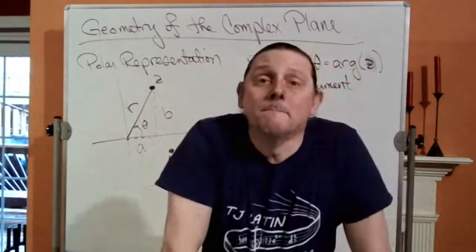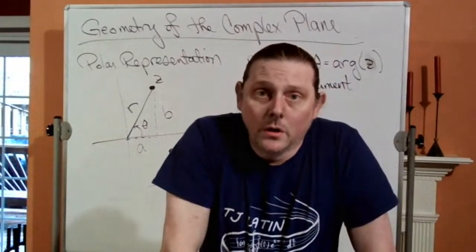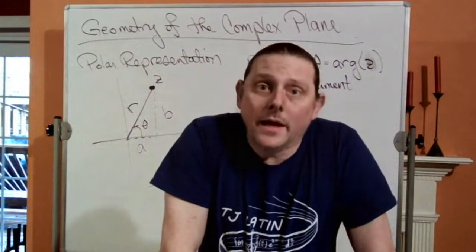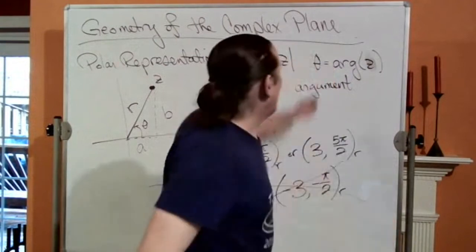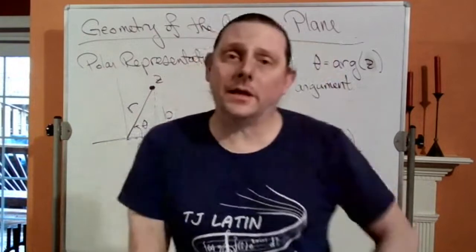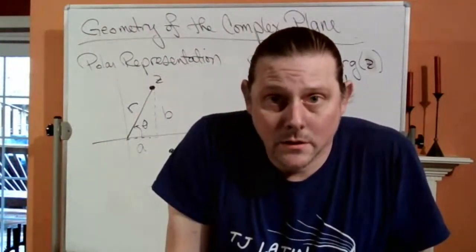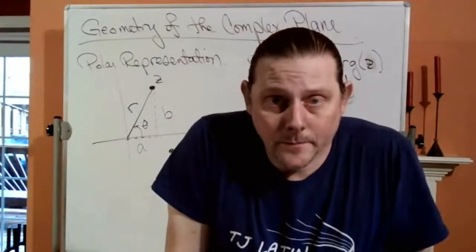That's going to have tremendous implications down the road, so it's something we should keep in mind. The argument is not unique. There are an infinite number of choices for the argument.